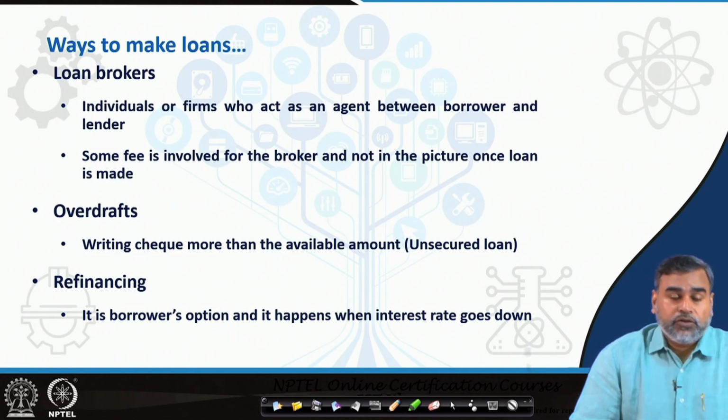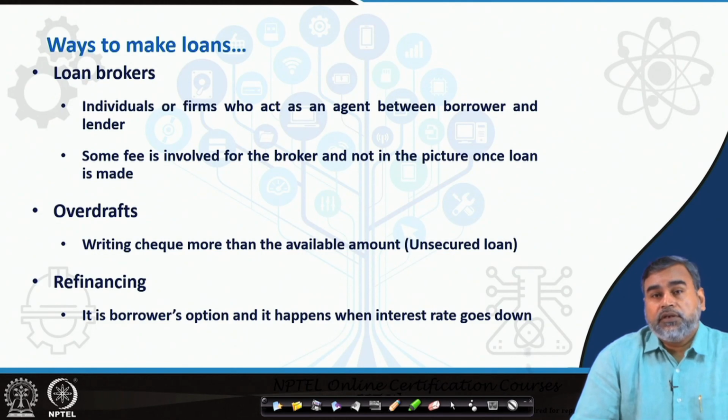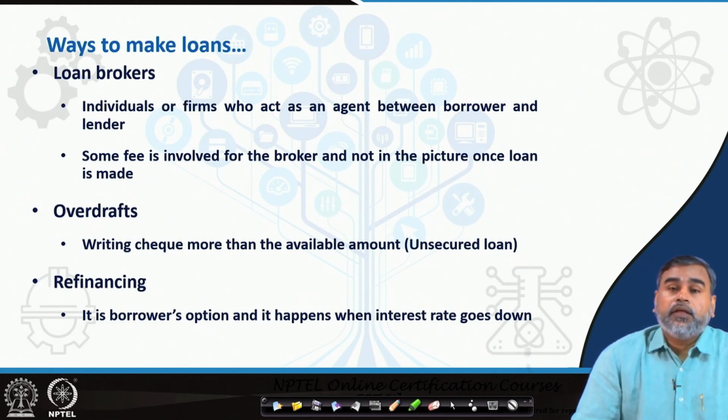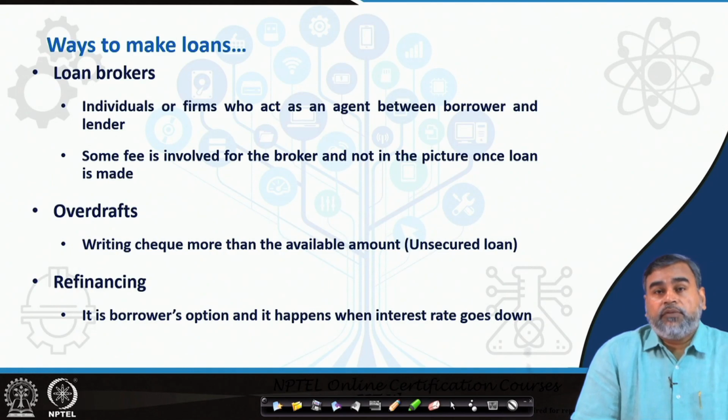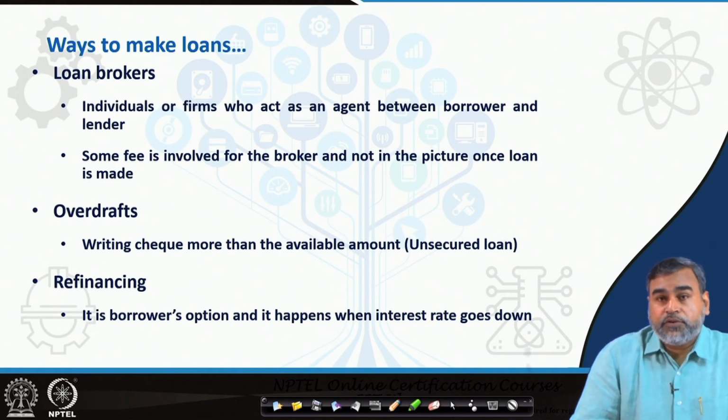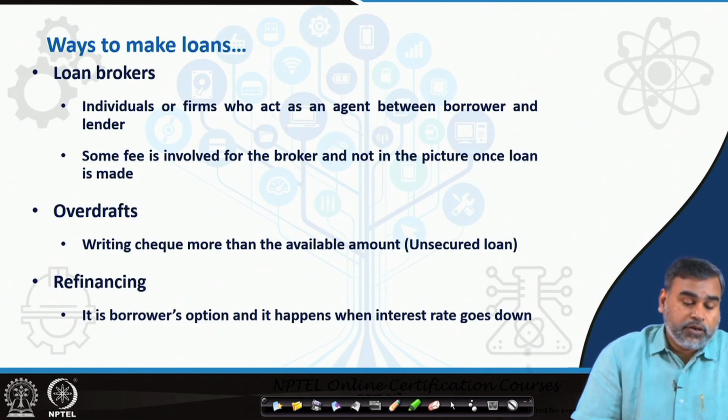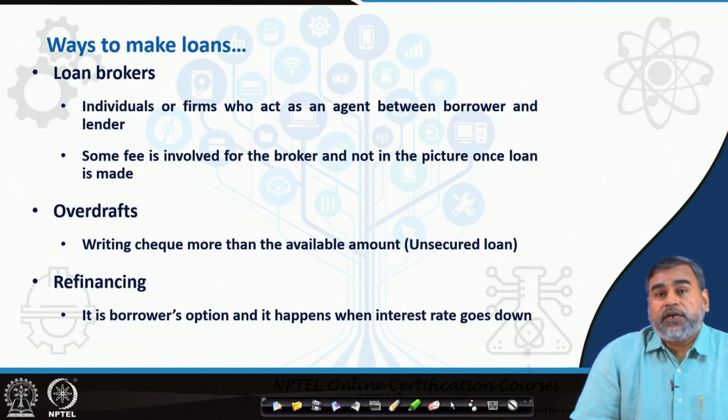And another way the loan can be made is called refinancing. What is refinancing? For example, you have taken a loan whose interest rate is 10%, and that is a fixed loan. After certain days you observe that in the market loans are available at 6%. Then what will you do?